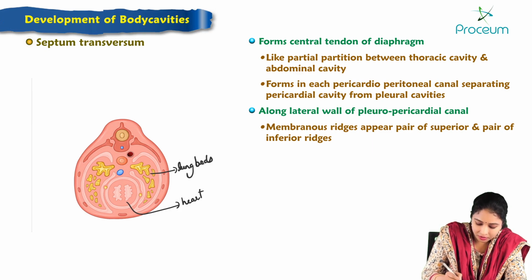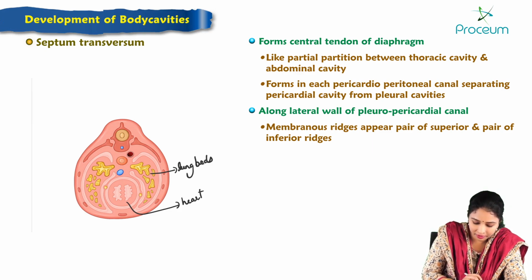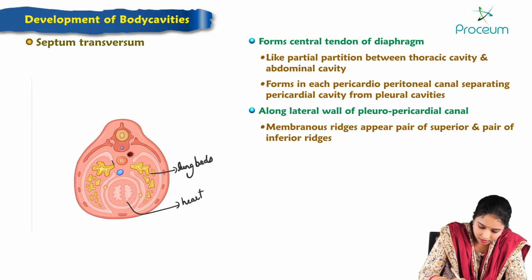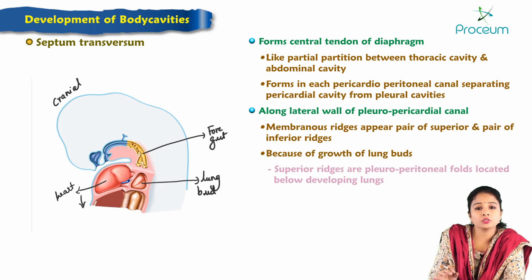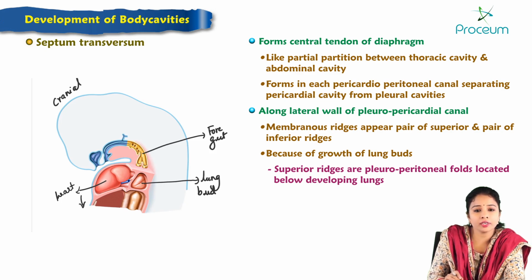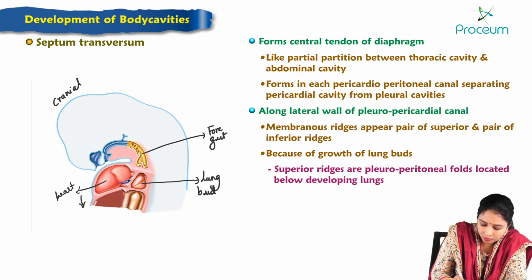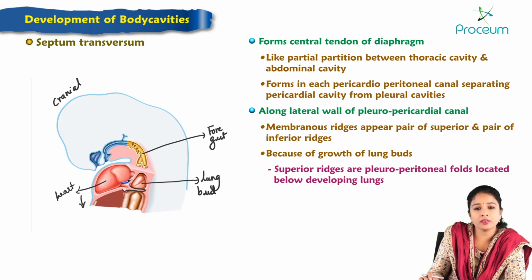The cavity surrounding the heart is the pericardial cavity, and these are the blood vessels, aorta, pulmonary trunk. Because of the growth of the lung buds, the superior ridges are the pleuropericardial folds, and the ones located below the lung buds are the pleuroperitoneal folds.